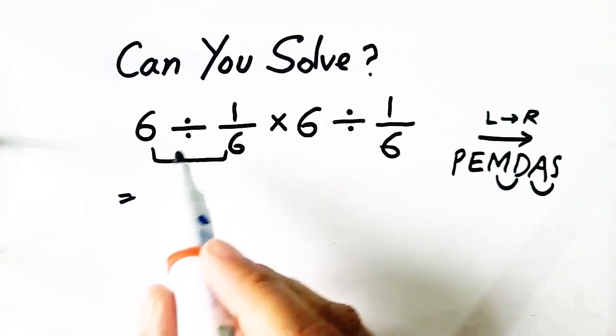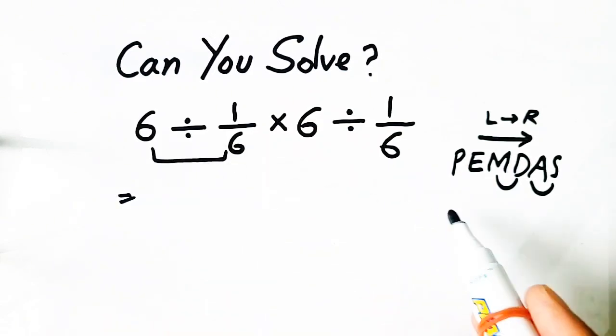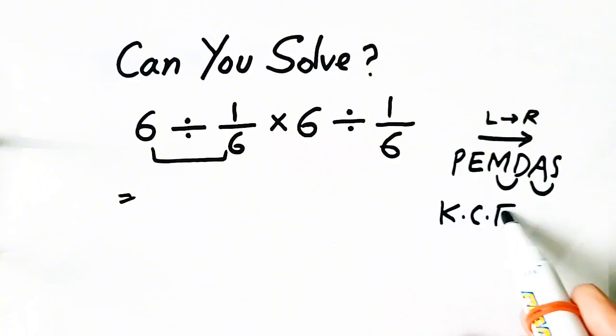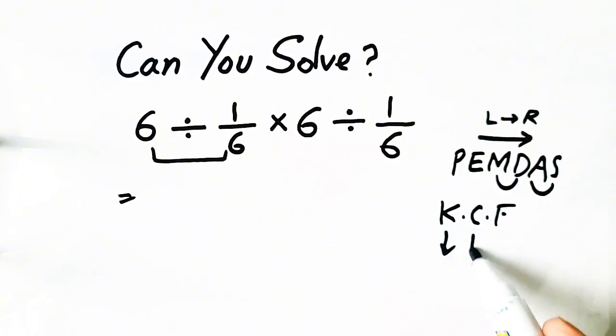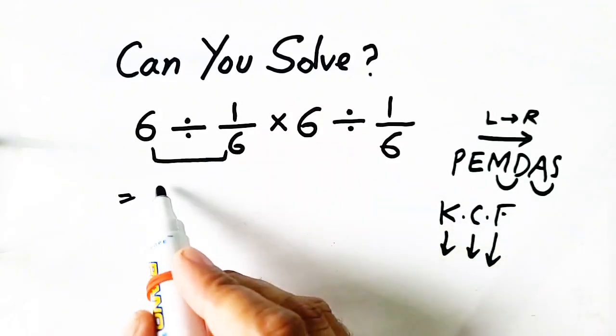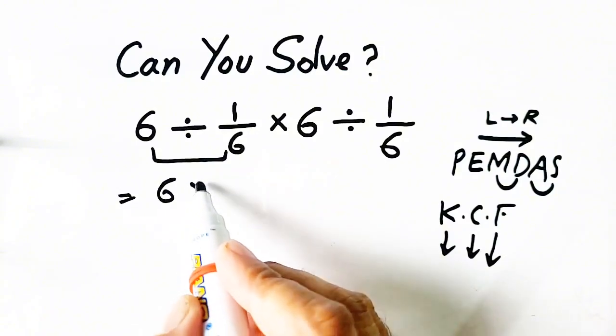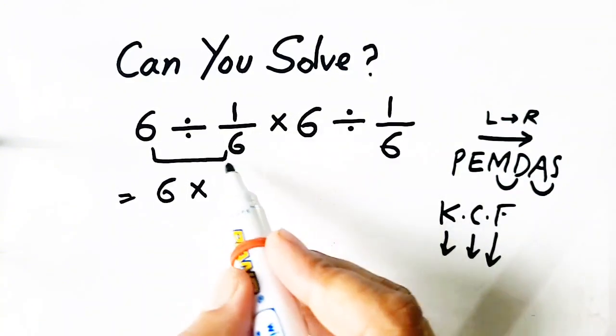So apply the KCF rule: keep, change, flip. The 6 division is converted into multiplication and we flip it.